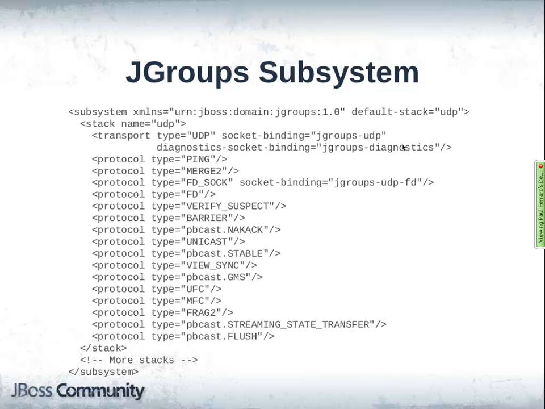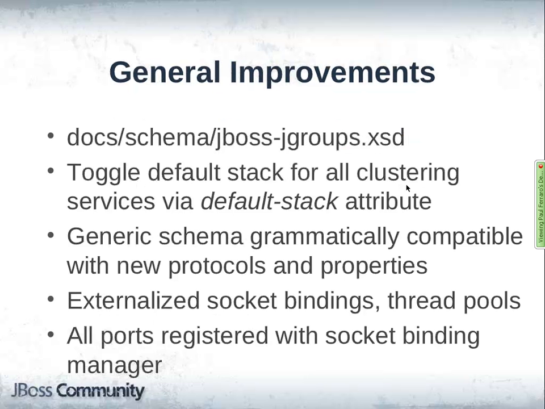Diagnostics is also referencing a socket binding, as well as FD_SOCK. And also, if you looked at AS6, there were a lot of custom property settings. Those custom property settings are sort of hidden behind the scenes. You can change any JGroups protocol property, but you don't need to be concerned with the default settings. They don't need to be reiterated.